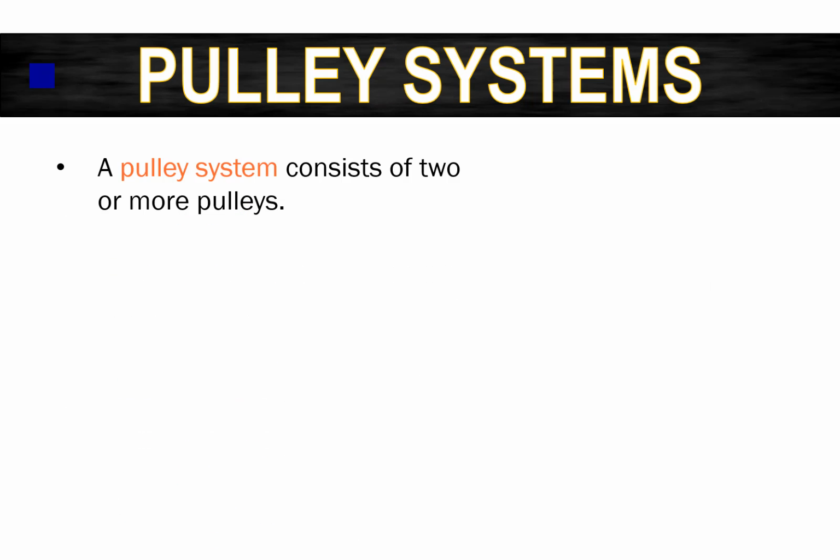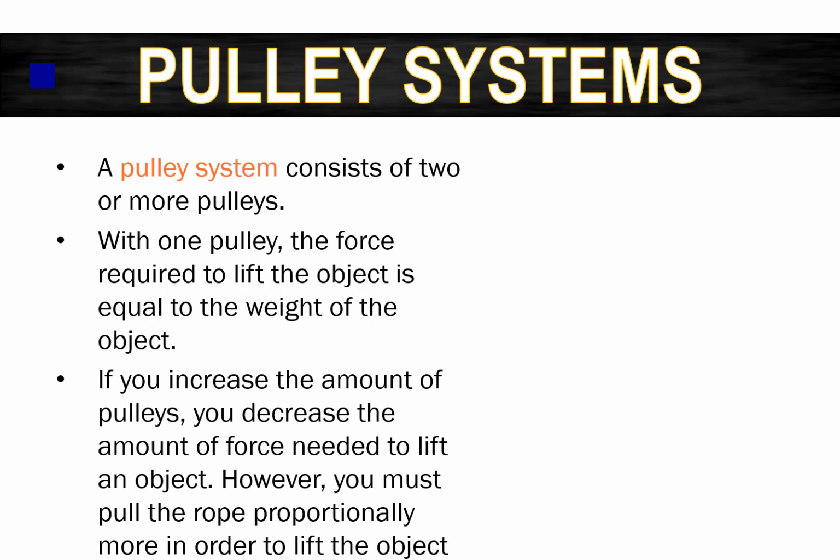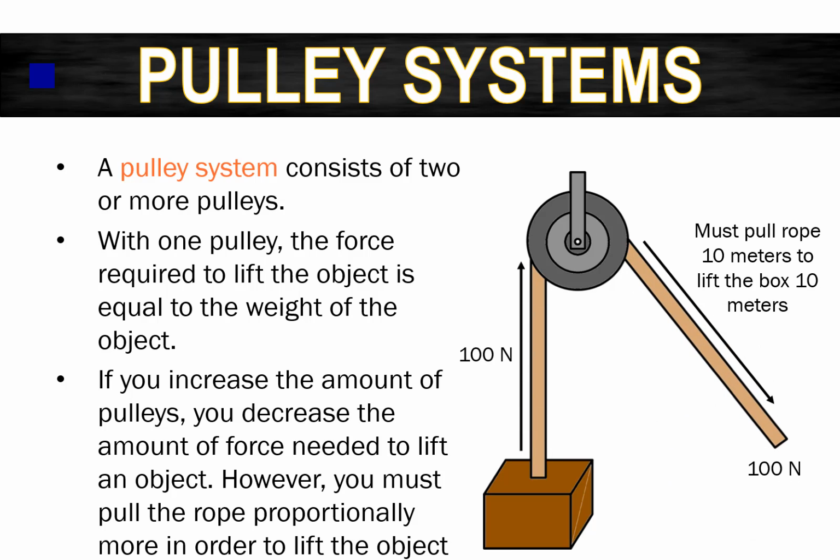All right, a pulley system consists of 2 or more pulleys. So this is when we're going to be talking about multiple pulleys. With one pulley, the force required to lift the object is equal to the weight of the object. Let's show you what I'm talking about. If you increase the amount of pulleys, you actually decrease the amount of force needed to lift the object.